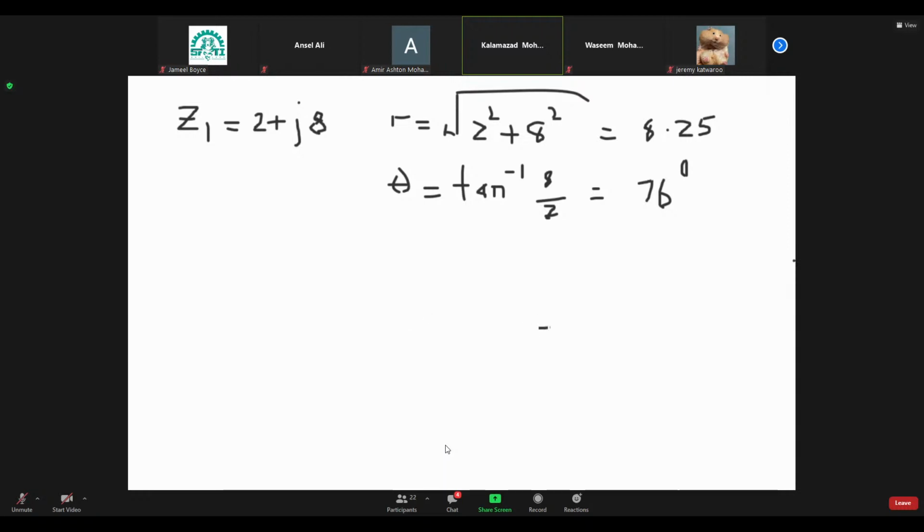Pi radians, 180 degrees. So 1 degree is pi over 180 radians.